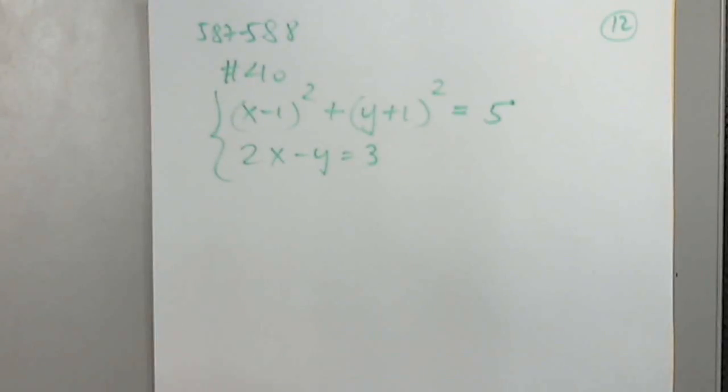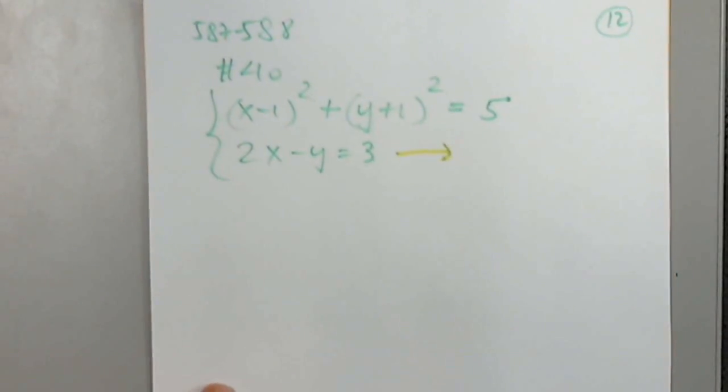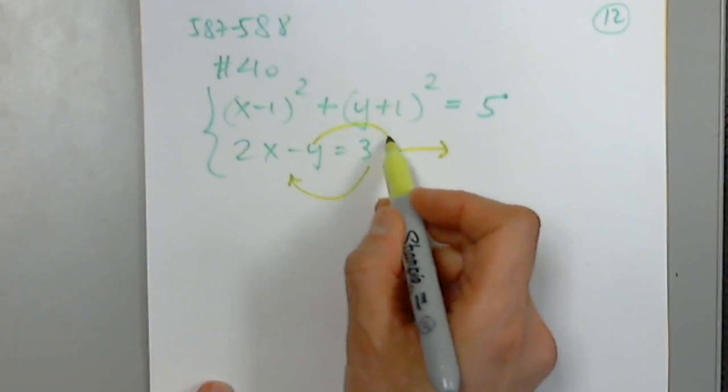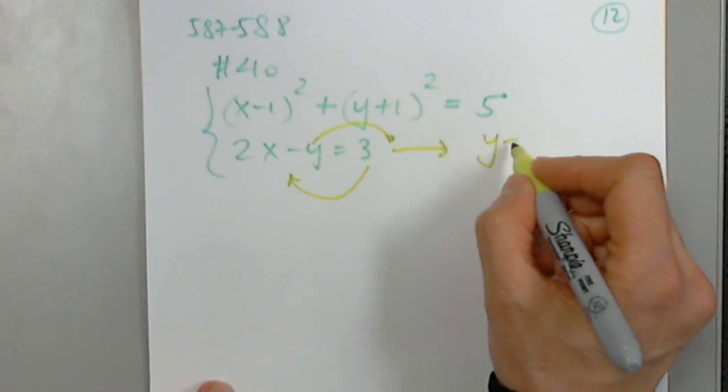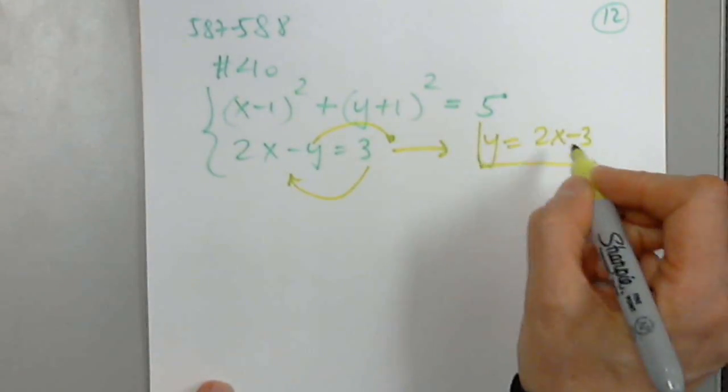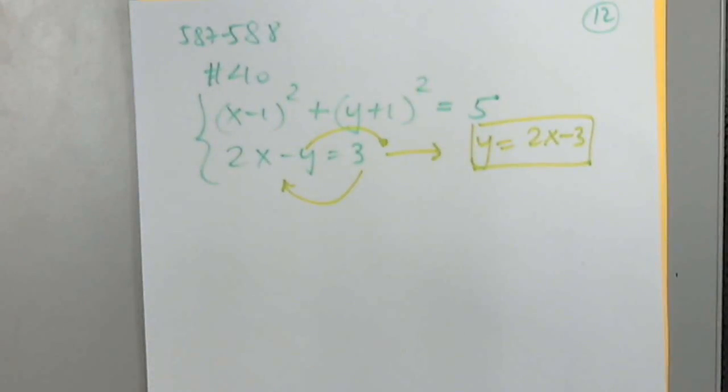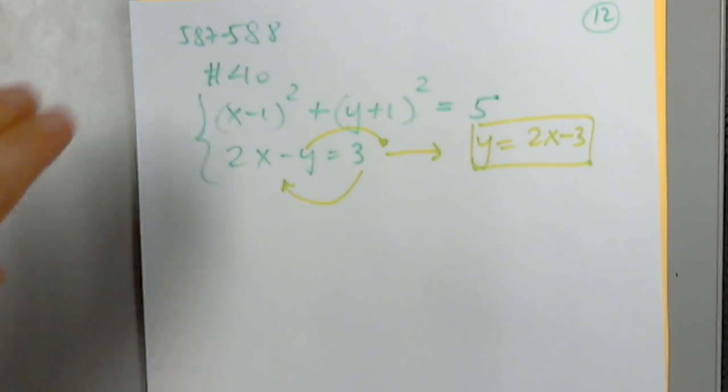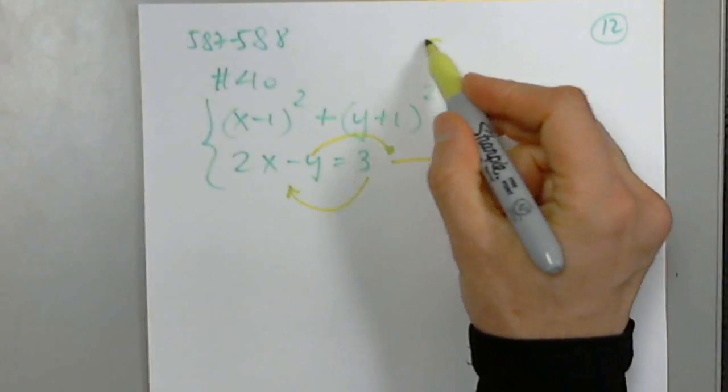Good, very good. So we decided to solve this equation for y. I'm going to move 2x, so then y equals 2x minus 3. Okay, so now what do I do with this? So one more time, only substitution.